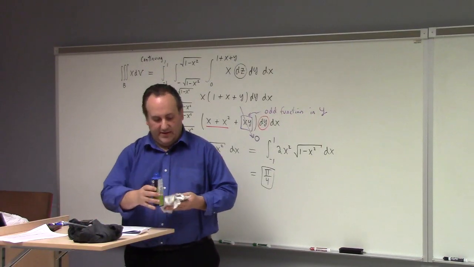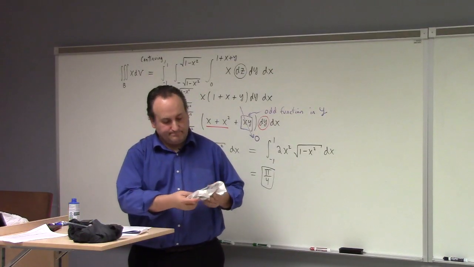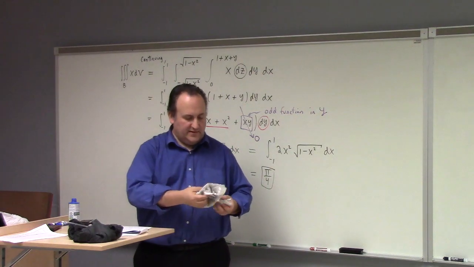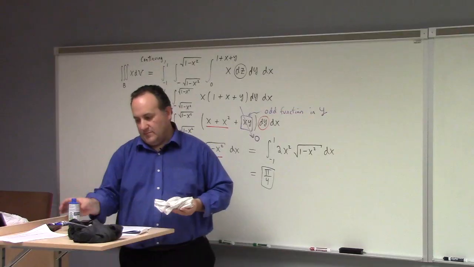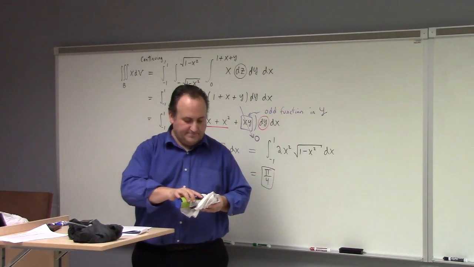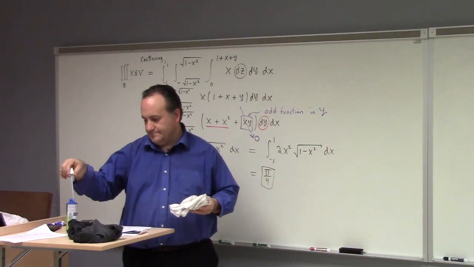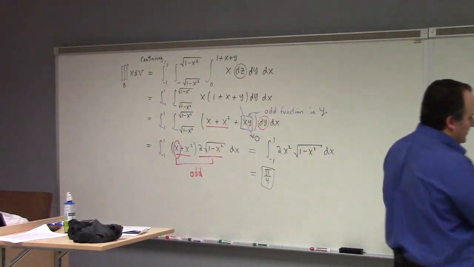And so begins our discussion of change of variables. Because this problem is not really natural in Cartesian coordinates, is it? What would be a better choice of coordinates? Cylindrical?